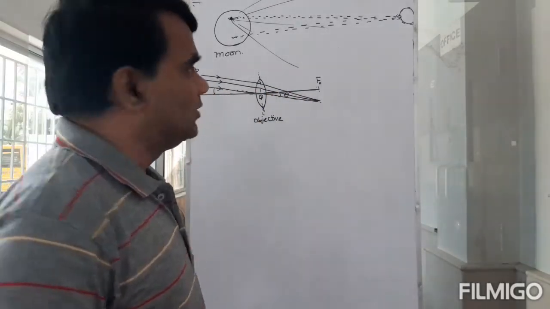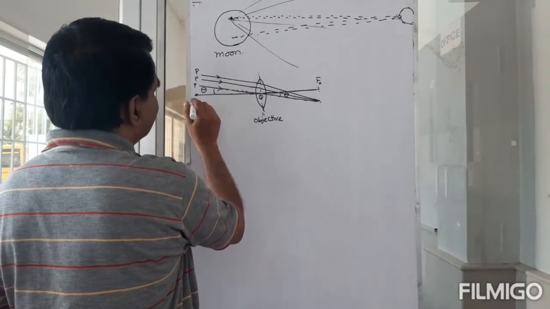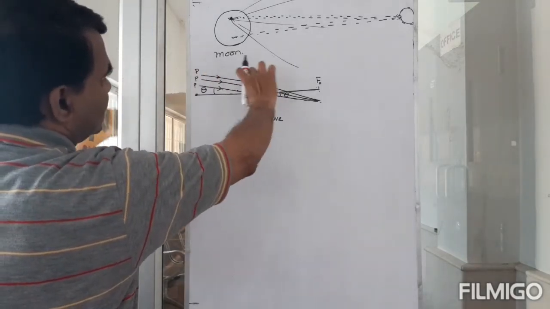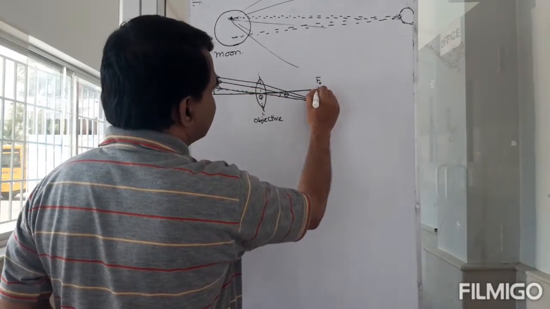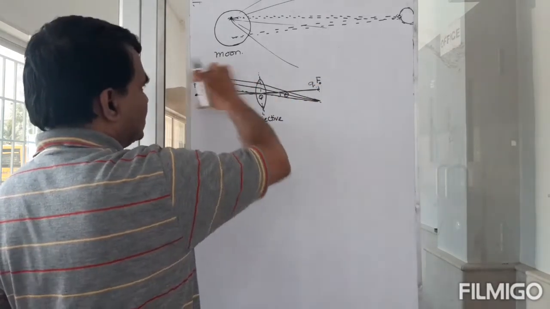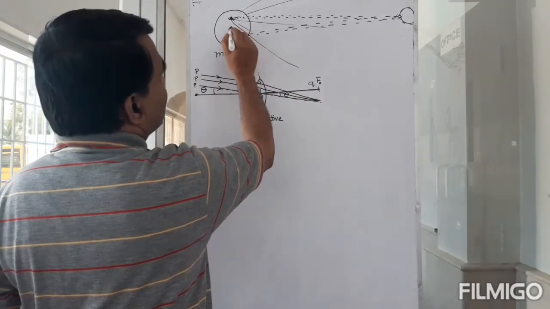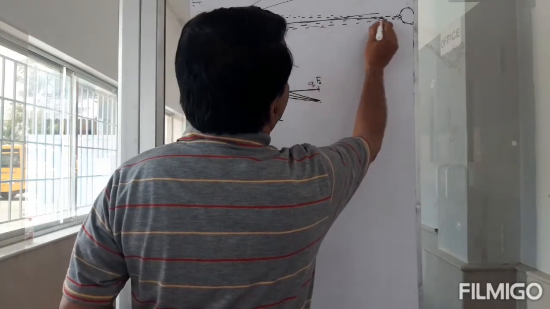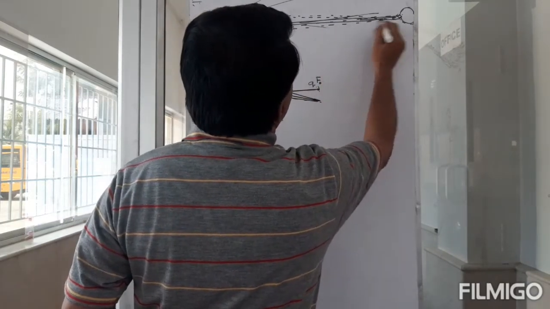Now we got it here, and this is the point P, and then another point Q here. Okay, all these lines will be parallel to that. So P and then Q lines will be parallel. Suppose I take this, and all the lines will be parallel.